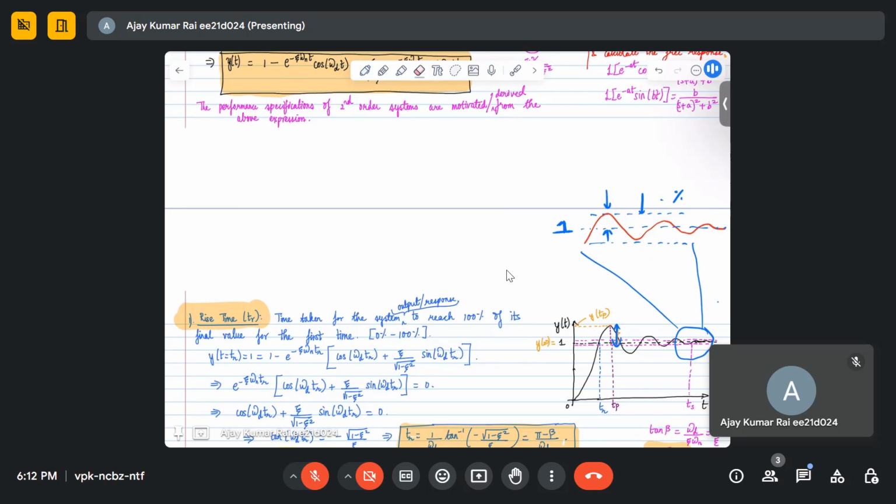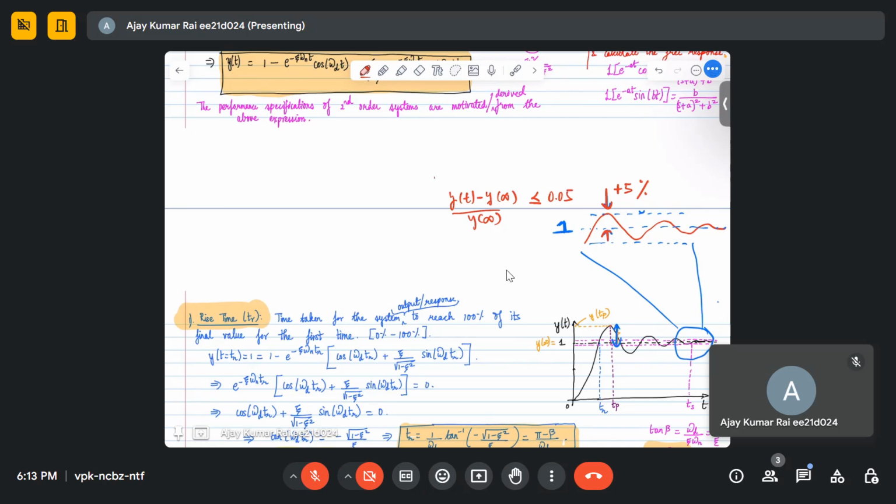So let me not confuse you. Let's take this as plus 5%, right? How can we do it? y of t minus y of infinity by y of infinity should be less than 0.05.